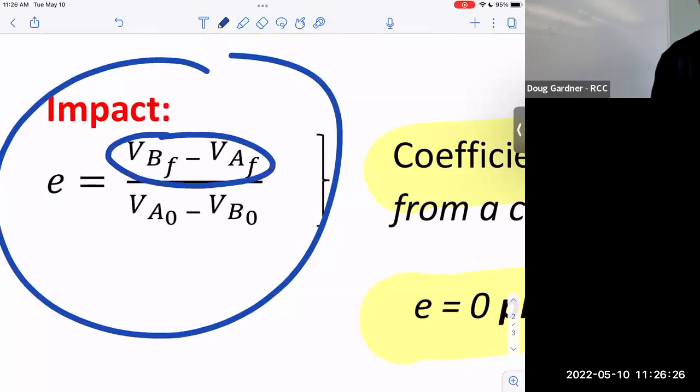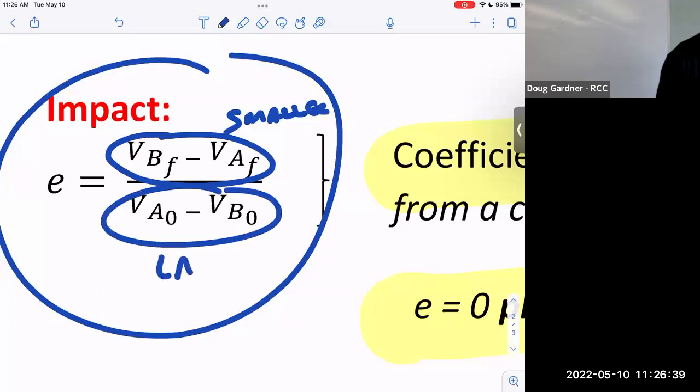Isn't the velocity final smaller because something was lost? This is the initial energy, if you will, in the bottom, and the top is the final. Well, you're not going to quite get as much out, maybe 80%. So it kind of makes sense where that formula comes from a little bit, doesn't it?